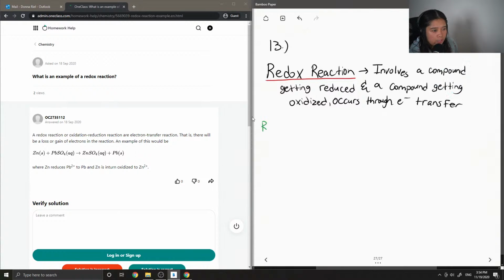When you have a reduction reaction, then that element gained an electron. And when you have an oxidation reaction, then that element lost an electron.